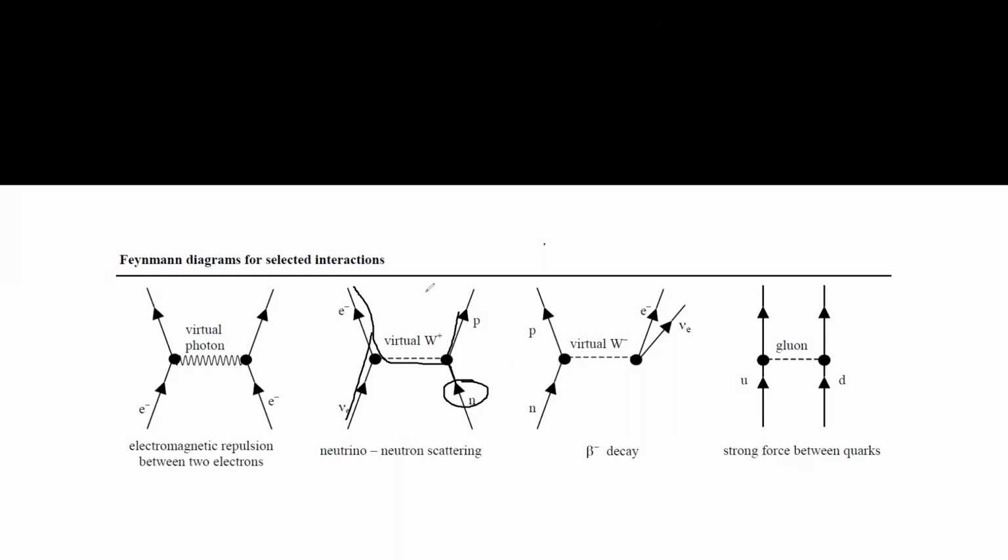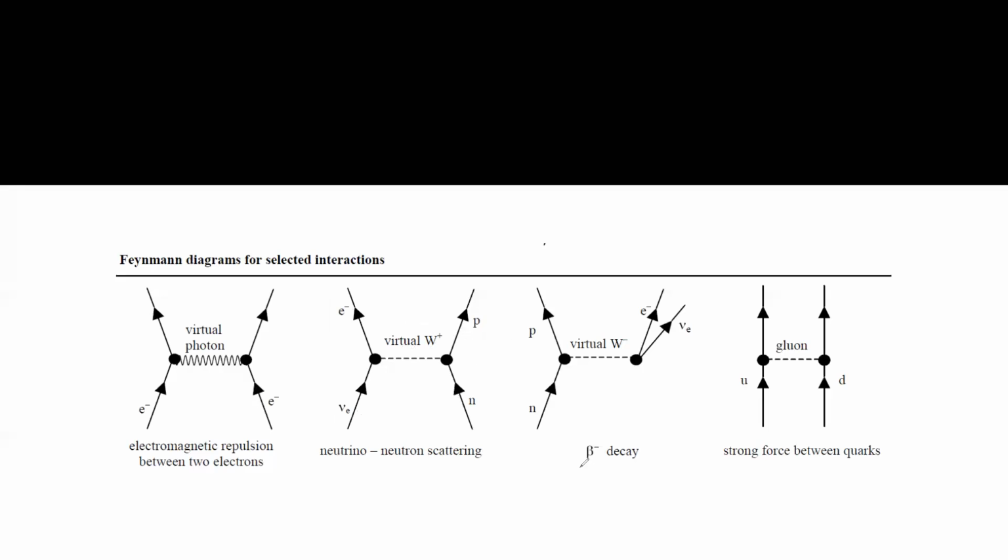Or it can also happen that a neutron interacts with an electron neutrino, resulting in the formation of a proton and an electron. So how do these particles apply force? In neutrino and neutron scattering, they apply force on each other by exchanging a particle known as the W positive, a weak nuclear boson.